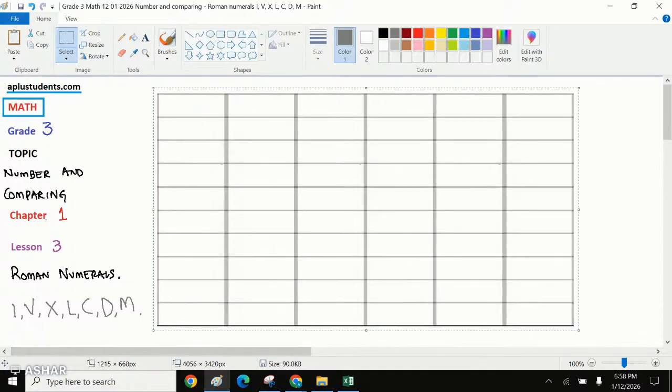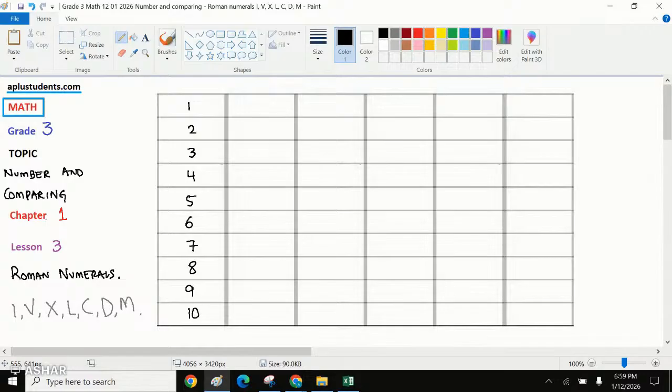I'll start off with the values: 1, 2, 3, 4, 5, 6, 7, 8, 9, and 10. We are looking at the numbers against the Roman numerals.